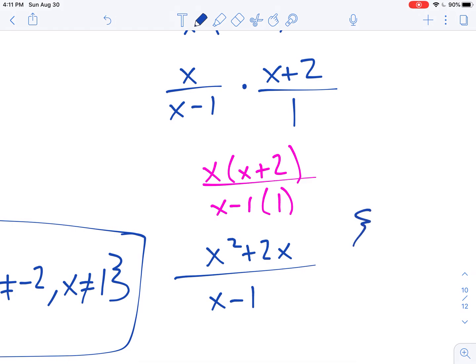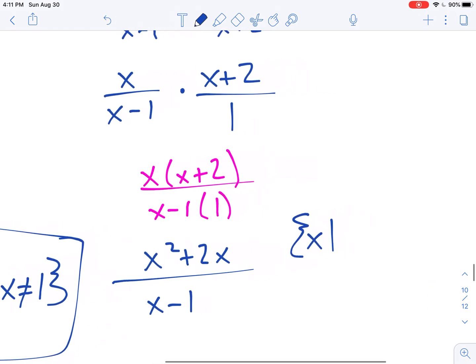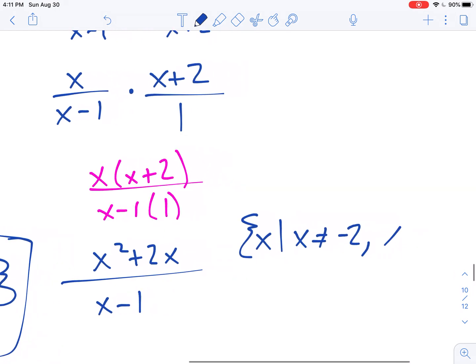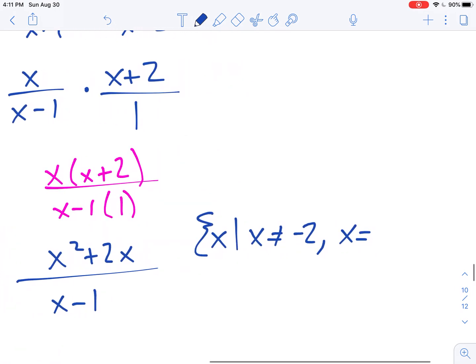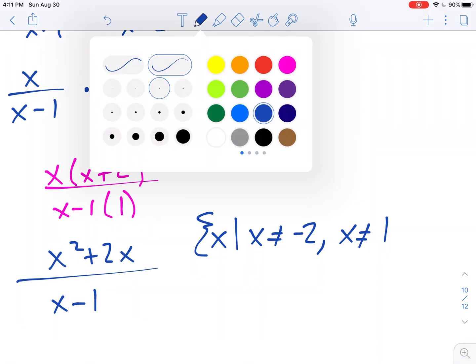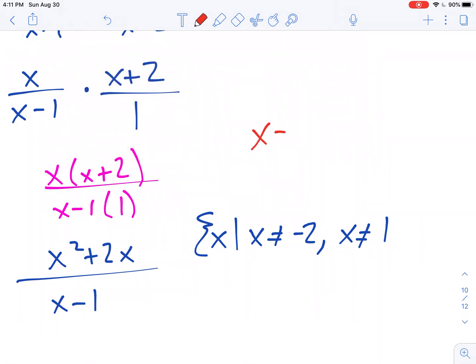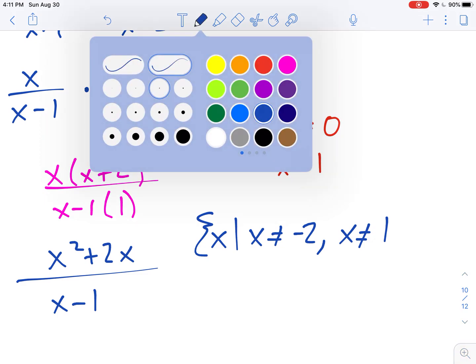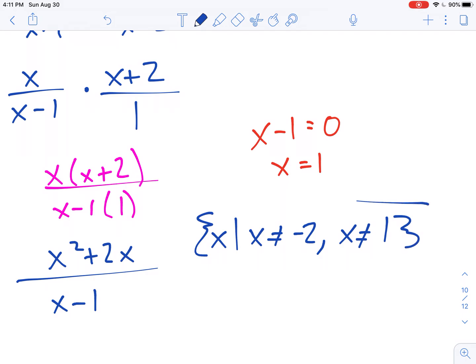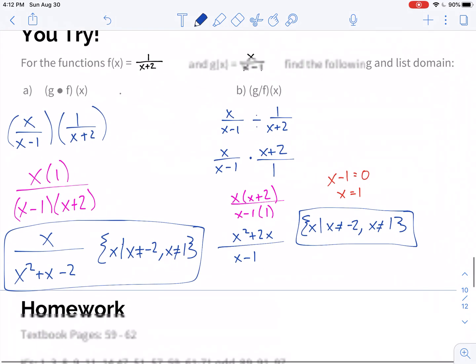I already know that my domain will be all values of x, with the exception of x cannot be equal to negative 2 and x cannot be equal to positive 1, as they were already the domain restrictions I found. However, I do have to go through this denominator. I've got to set x minus 1 equal to 0. I get x is equal to 1. We already have that listed in the domain, so this one ended up being non-needed. That would be my domain.